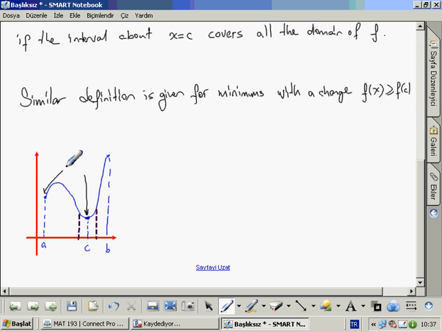Also we can say for the A point, yes, it's local minima. But only for the C point, yes, it's the absolute minimum point.